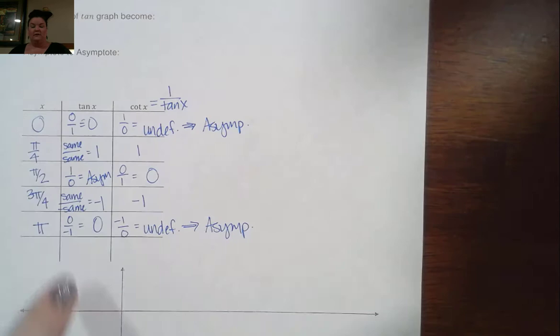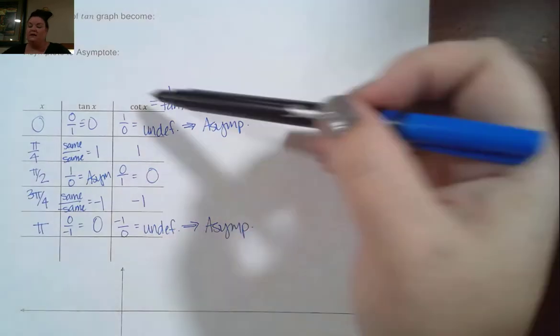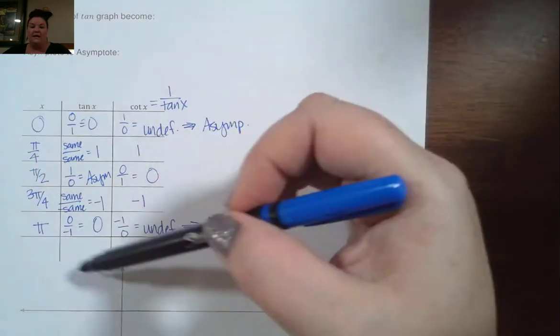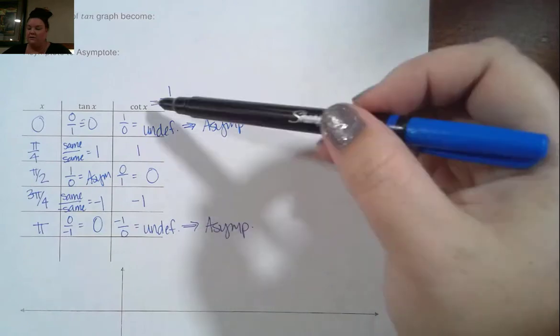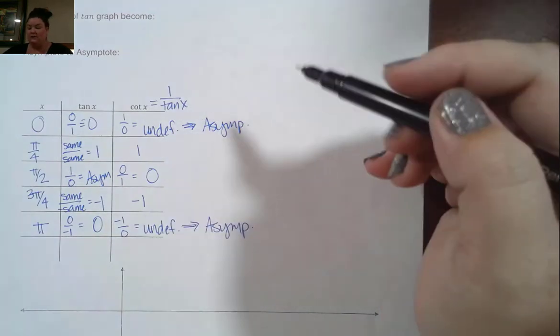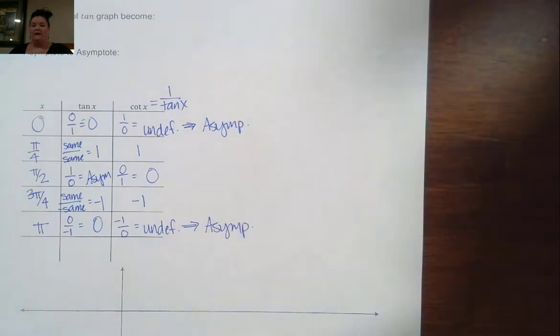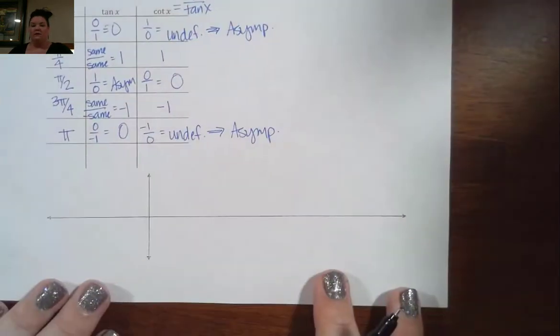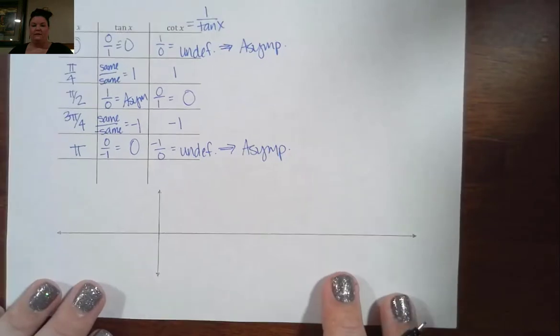Okay, so this is just explaining where we come up with our nice cotangent values. Okay, so for cotangent, let's go ahead and graph it, and then we'll talk about its properties. And then I'll do an example, and we'll call it a day.